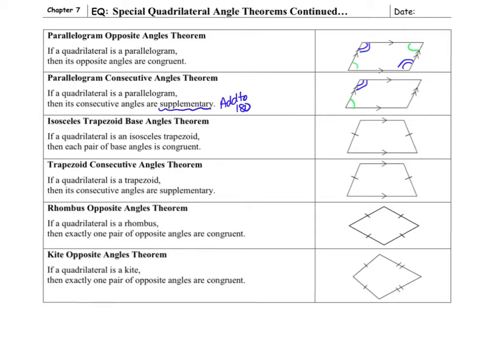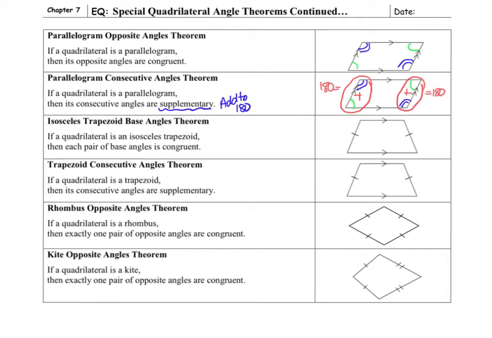So if you were to take these two angles and add them together, they should equal 180 degrees. The same would be true on the other side. So this is the opposite angle of this one, and then this would be the opposite angle of this one, and then these two angles would also be supplementary.